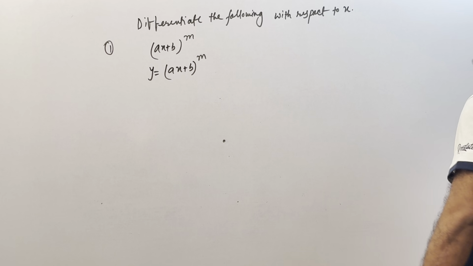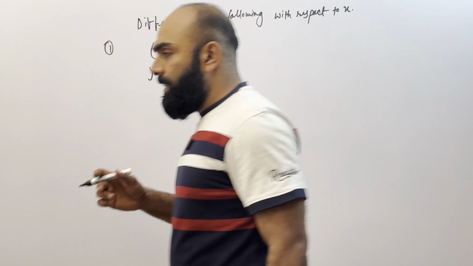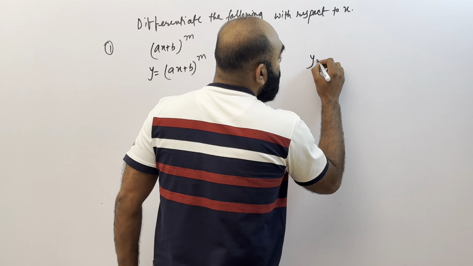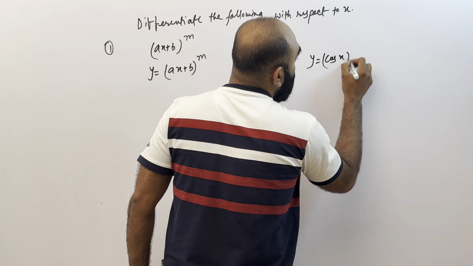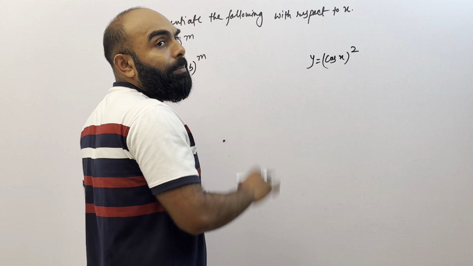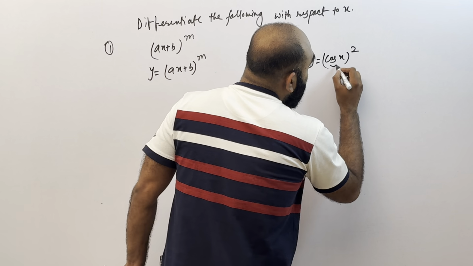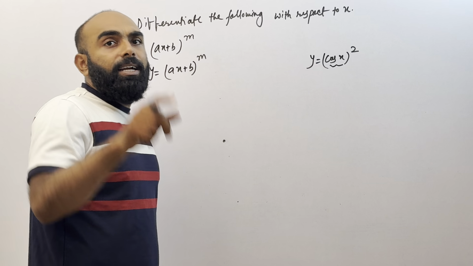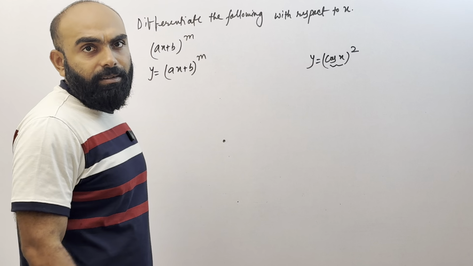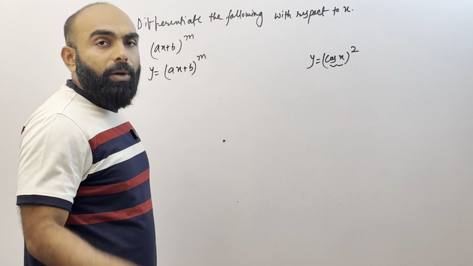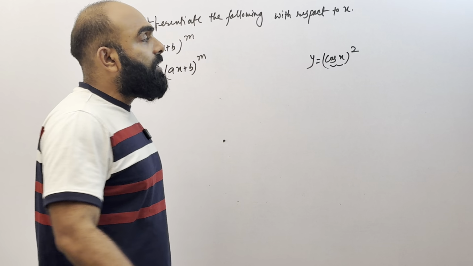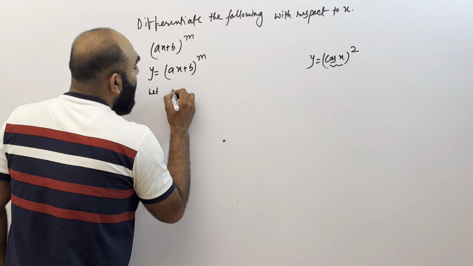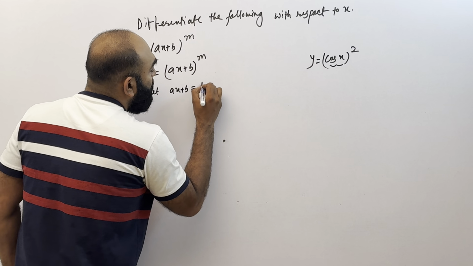What will I do? See, whenever a bracket is there, if you remember in the previous questions, we had y is equal to cos x whole square. Whenever a bracket is there, whatever is inside the bracket you have to consider as t. So let ax plus b be equal to t.